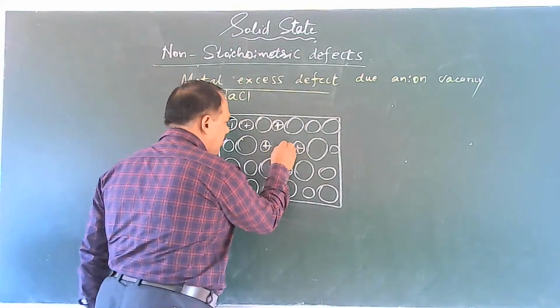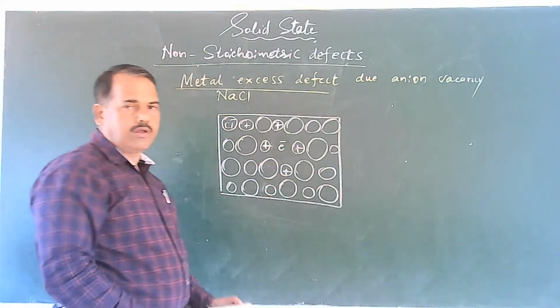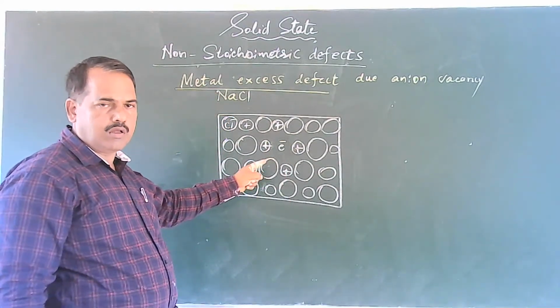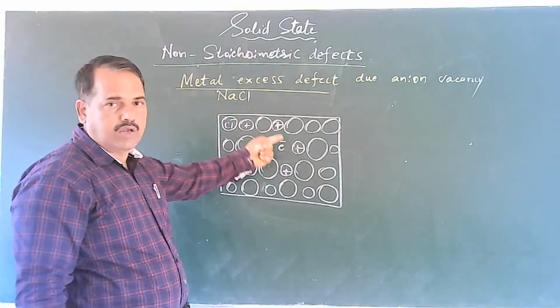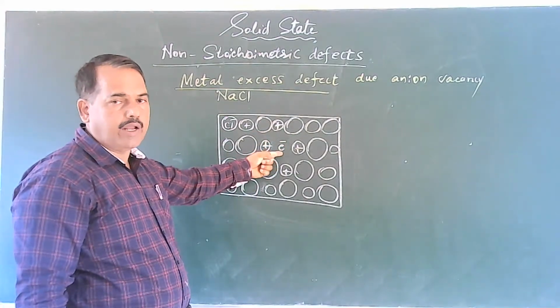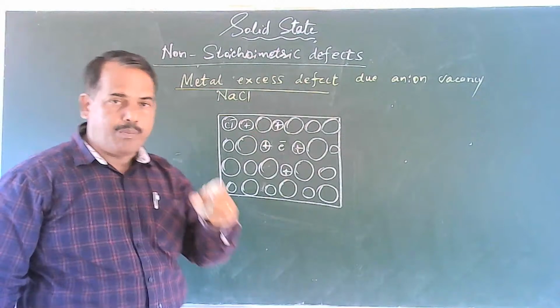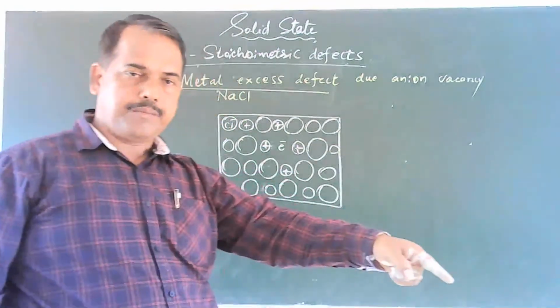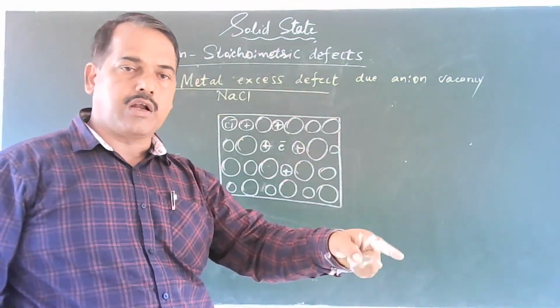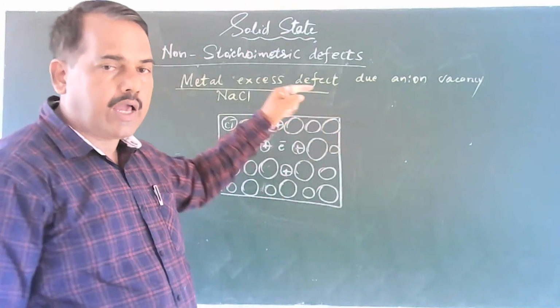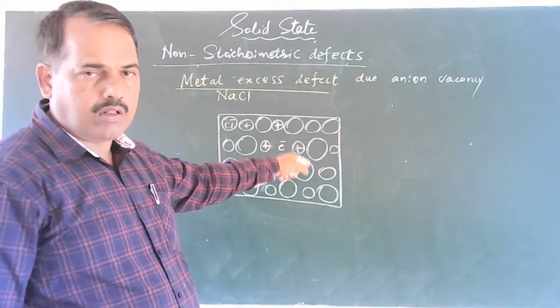You can see, this is nothing but the electron. Are you clear? Due to anionic vacancy, the unpaired electron occupies the anionic site.